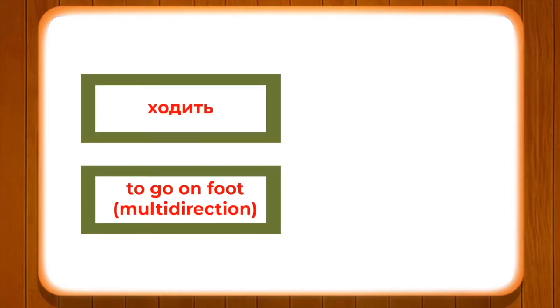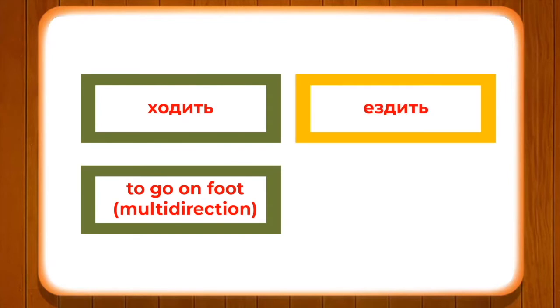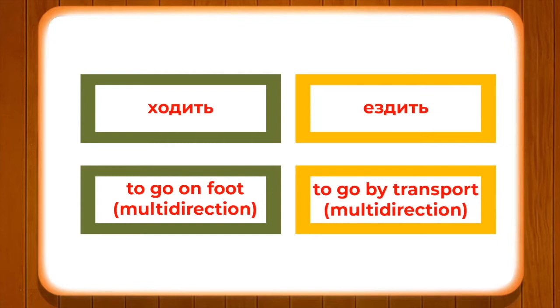Khodit means to go on foot in multidirection, whereas yezdit means to go by transport but in multidirection as well. So, this is the basic concept about these two groups of verbs which we use in verbs of motion.